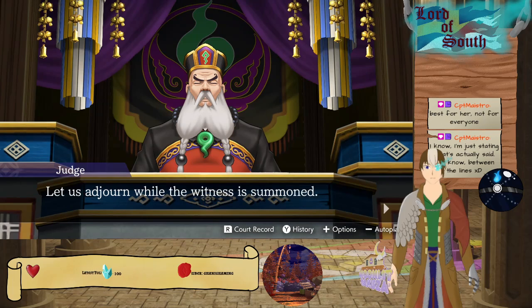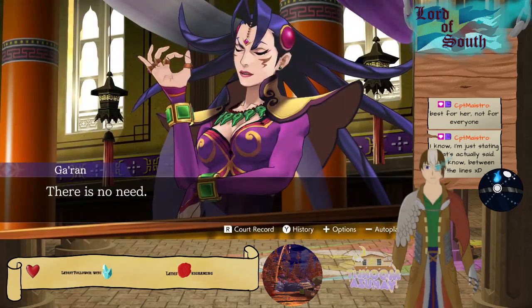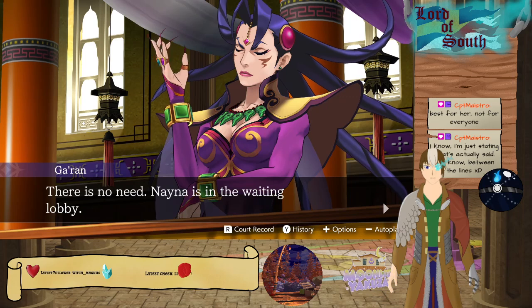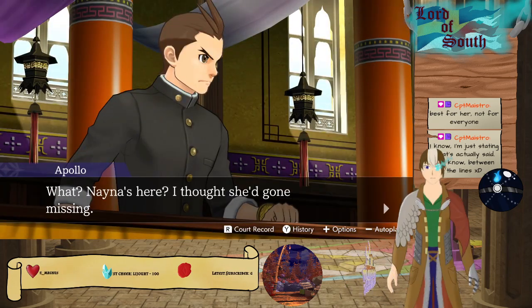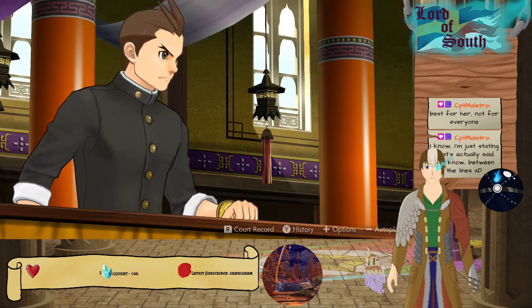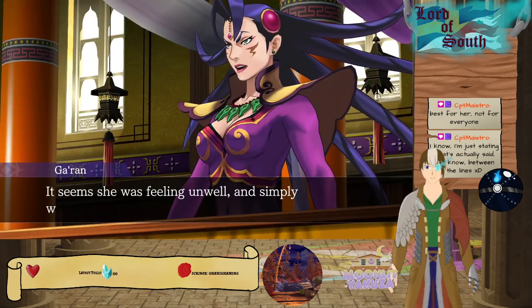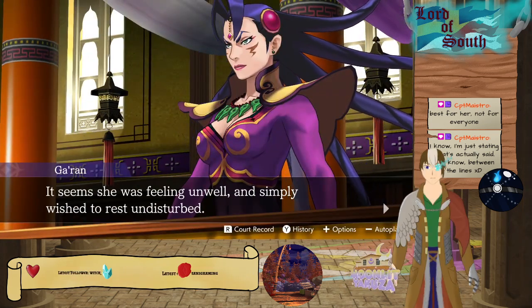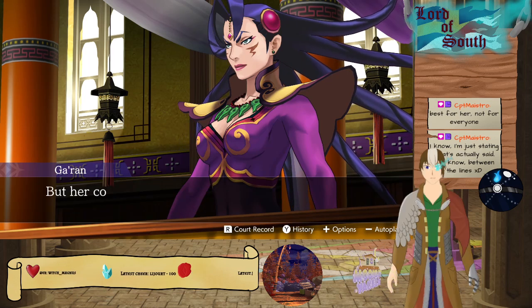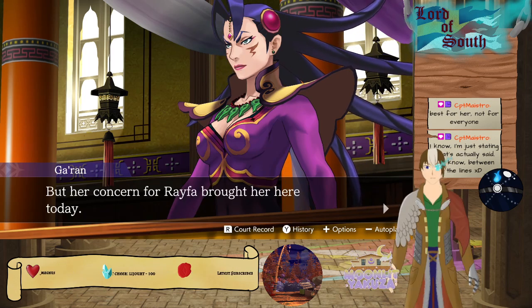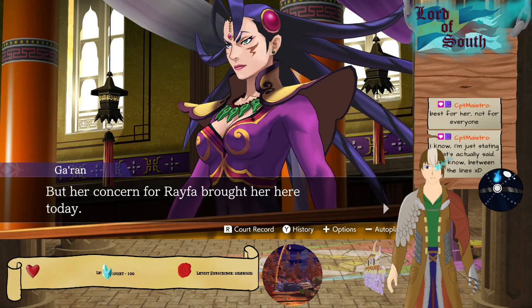Let's adjourn while the witness is summoned. There is no need. Nina is in the waiting. What? Nina's here. I thought she's gone missing. It seems she was feeling unwell and simply wished to rest undisturbed. But her concern for Rifa brought her here today.